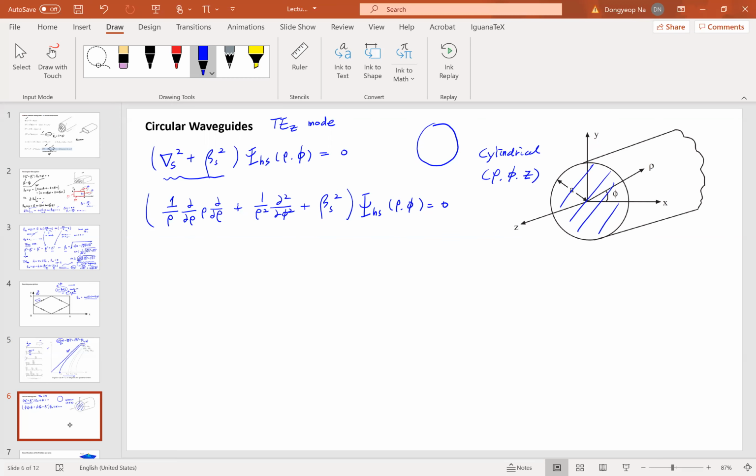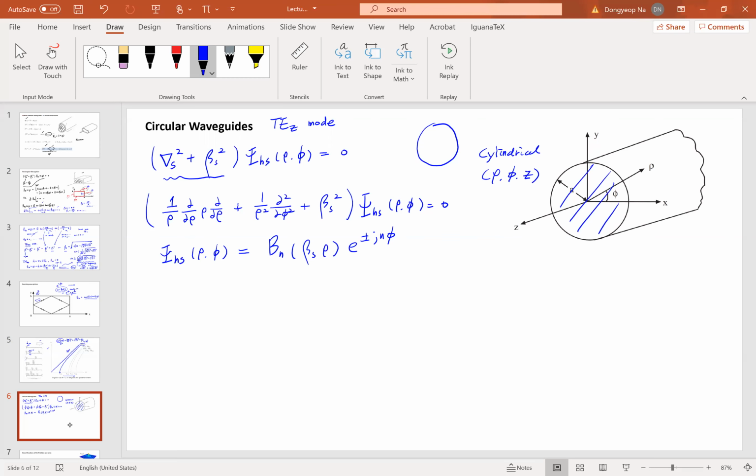Okay. It turns out that the general solution can be given by the so-called Bessel function and the trigonometric function over phi.